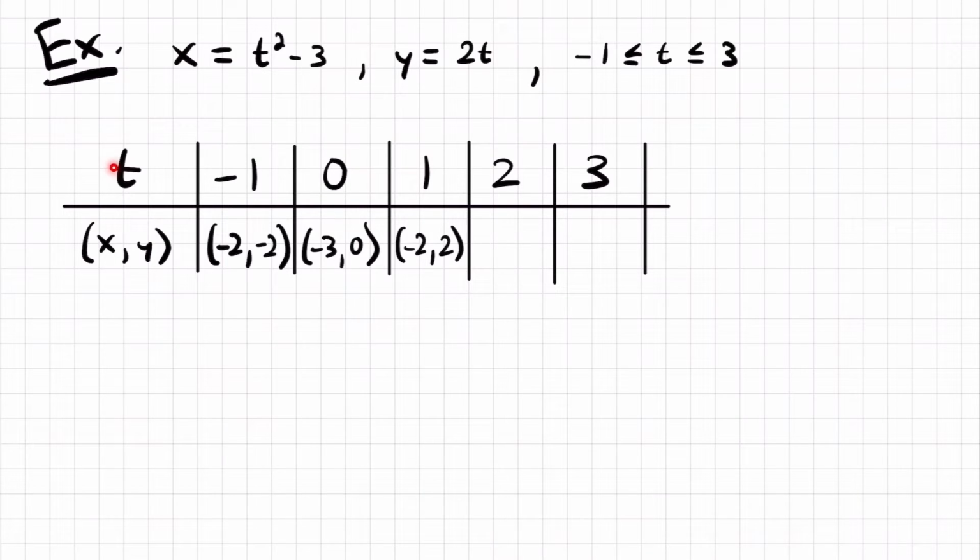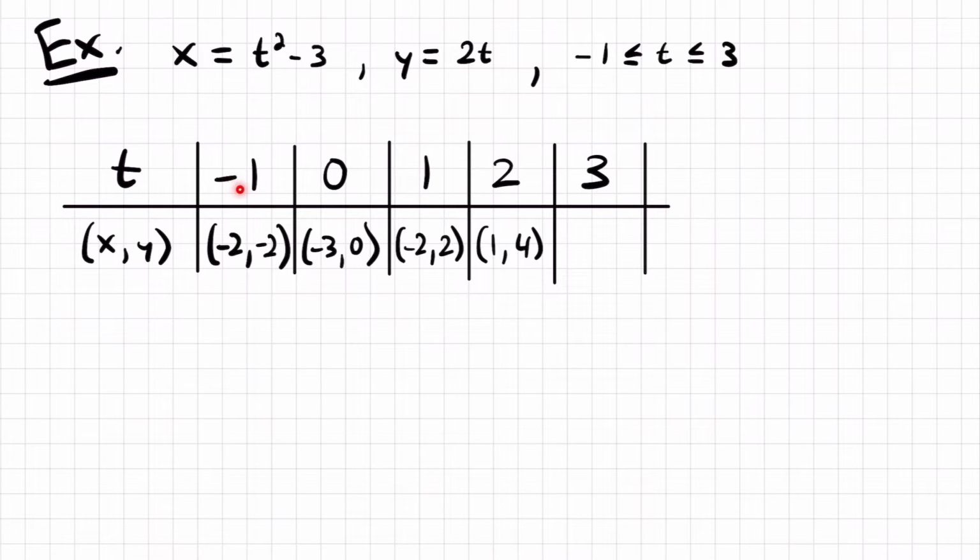Now we're going to look at when t equals 2. When t equals 2, we have 2 squared minus 3. 2 squared is 4, minus 3 is 1. So our x-coordinate is 1. And then we'll plug 2 in for t in this equation and have 2 times 2, which is 4. So our y-coordinate is 4. All right, then finally, let's look at when t equals 3. That's going to be our end point or our terminal point.